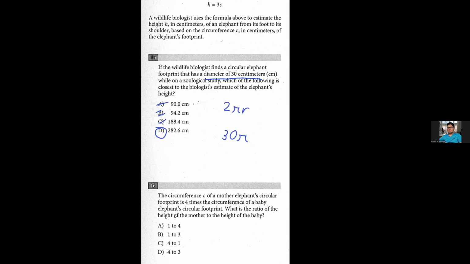What is the height ratio? So height is just 3 times the circumference. So there's no squared or anything, so it would just be 4 to 1. So the correct answer is answer choice C.